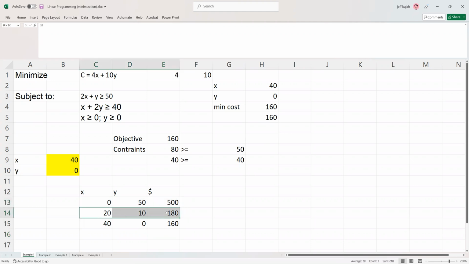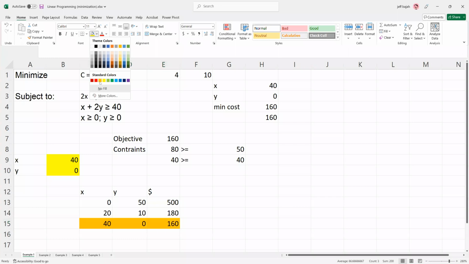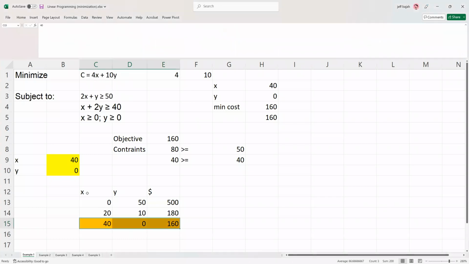This combination is going to cost us 180. This one is the cheapest combination we have. And so to lower the cost, or to get the best option for this company, it will be 40 of X and what? None of Y. I hope this makes sense.